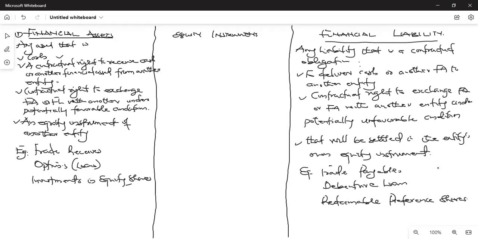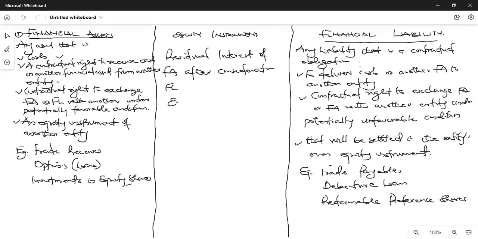When it comes to an equity instrument, it is just the residual of the assets after liabilities. So we say it is the residual interest of financial assets after consideration of financial liability.